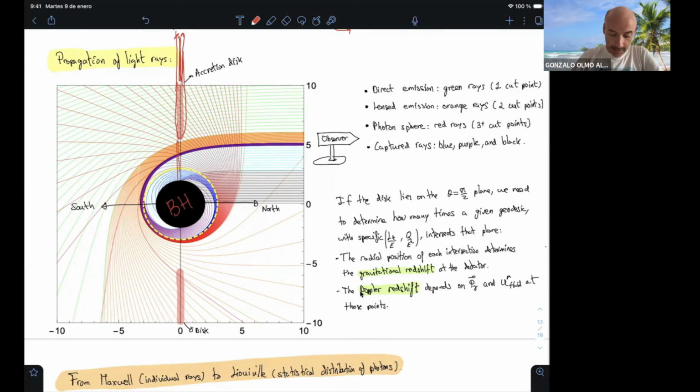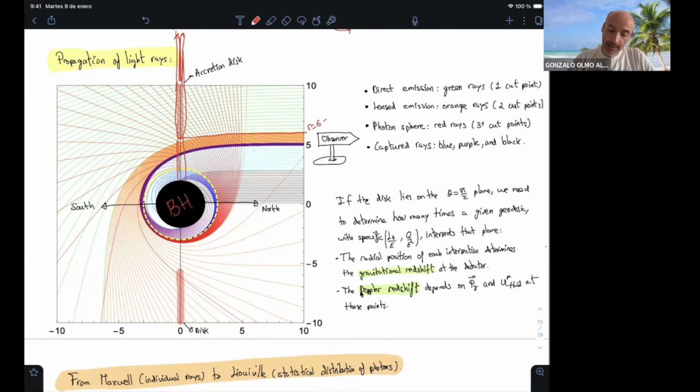But I decided to represent the accretion disk only from 6 upwards, because as you probably know, in Schwarzschild stable circular orbits only exist for values of r larger or equal to 6.